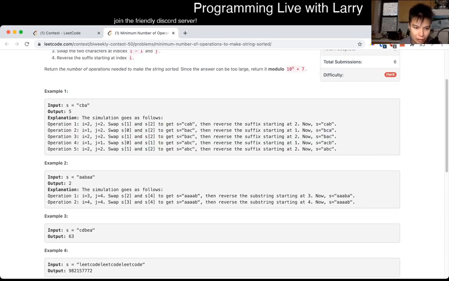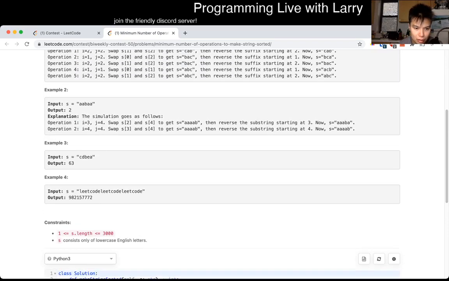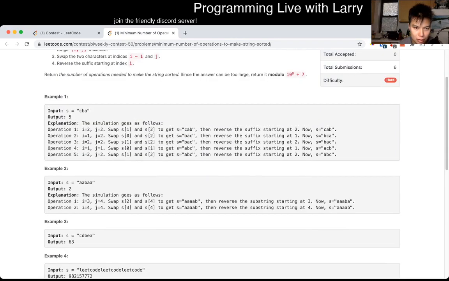Some sort of weird insertion sort. So what is this doing?